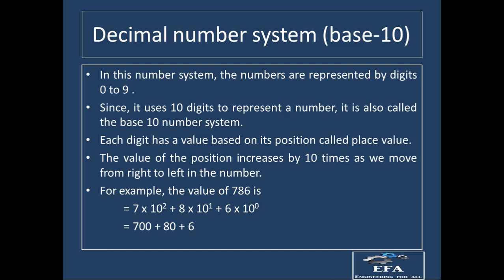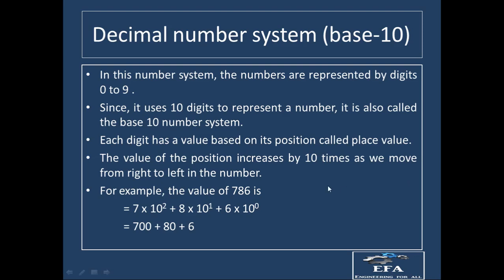Each of the digits in a decimal number system has a weightage. When we talk about the weightage of the digits in the decimal number system, the value of the position increases by 10 times as we move from right to left of the number.